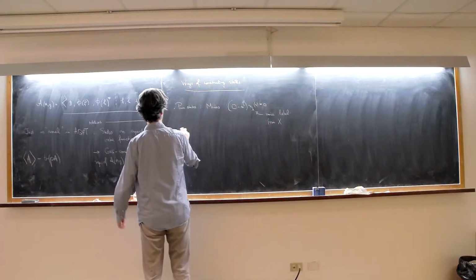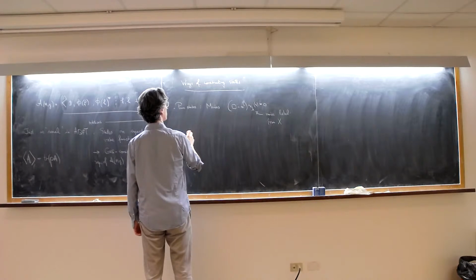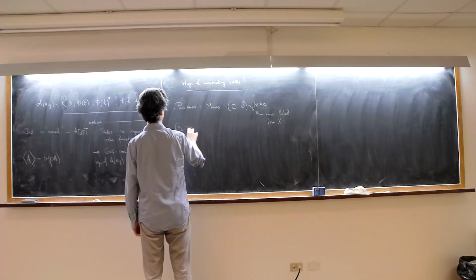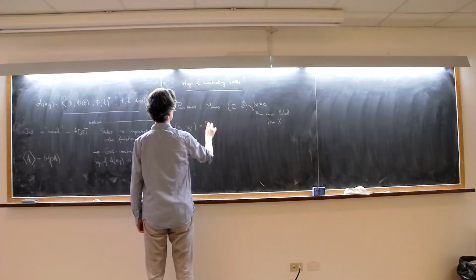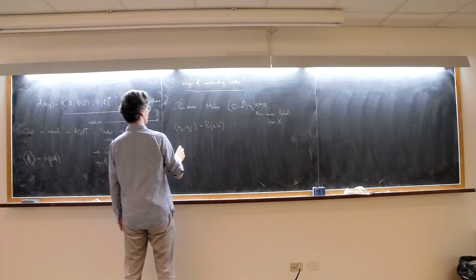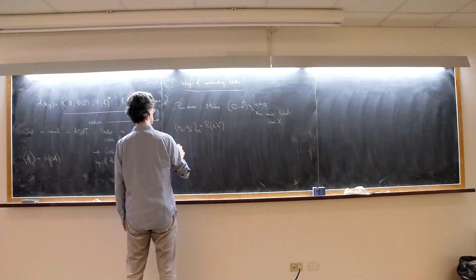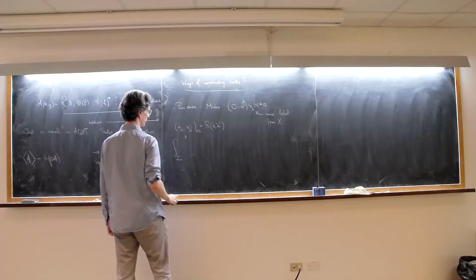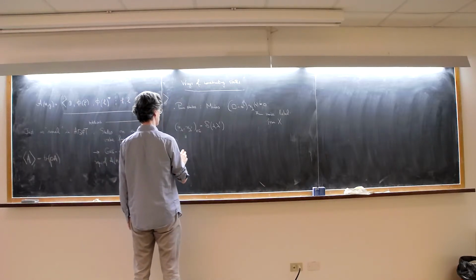And the connection is that what you need is that the Klein-Gordon inner product gives a delta function. The Klein-Gordon inner product is what I defined before, except that I now do it in a slightly more general way.